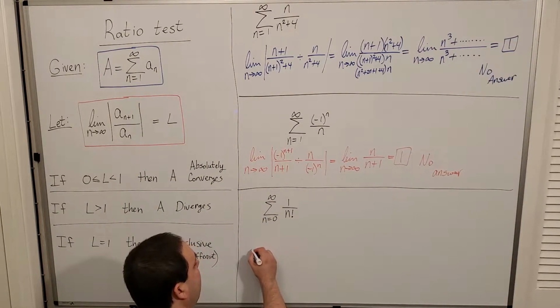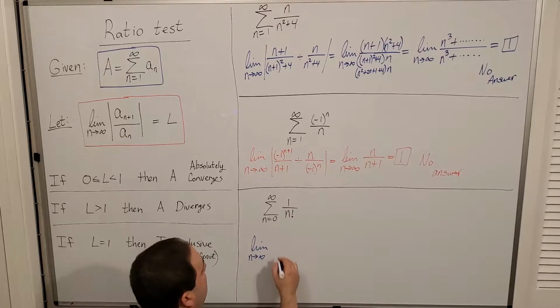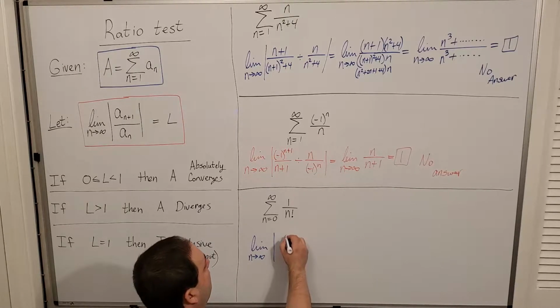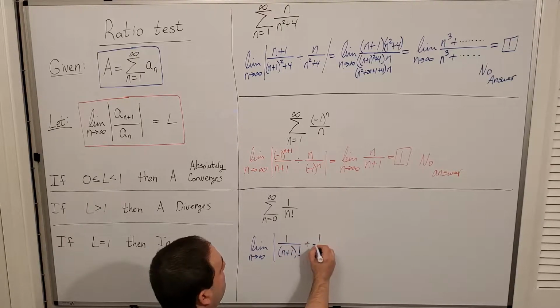I'm going to take the limit as n goes to infinity, absolute value, of 1 over (n plus 1) factorial divided by 1 over n factorial.